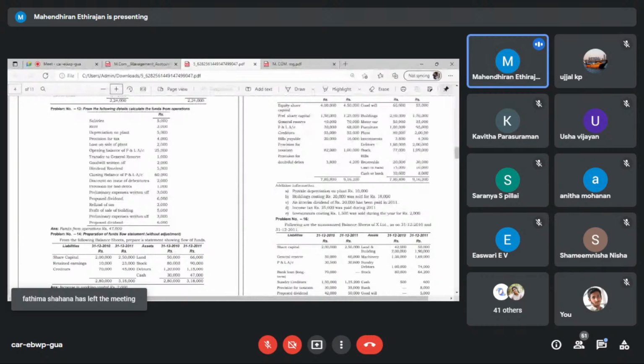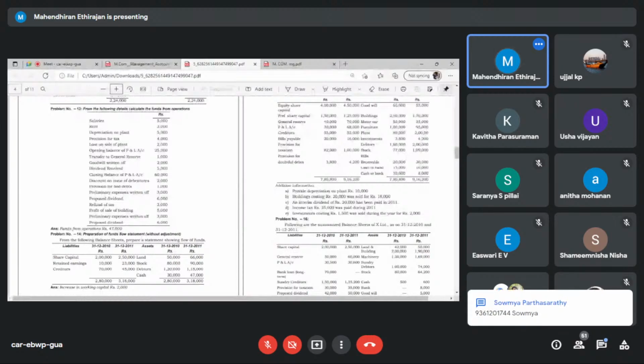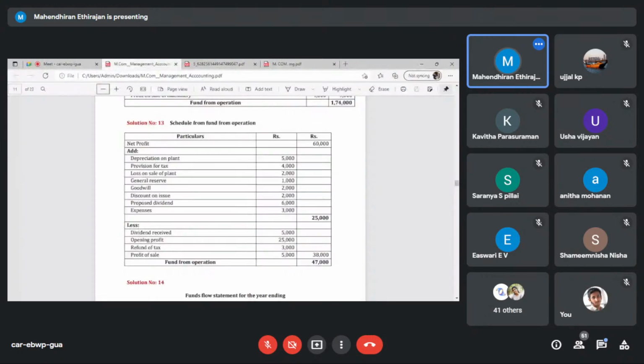Say, preliminary expenses written off; they have missed something, preliminary expenses write-off will come. Please note it down. You can do it yourself. Don't copy that.